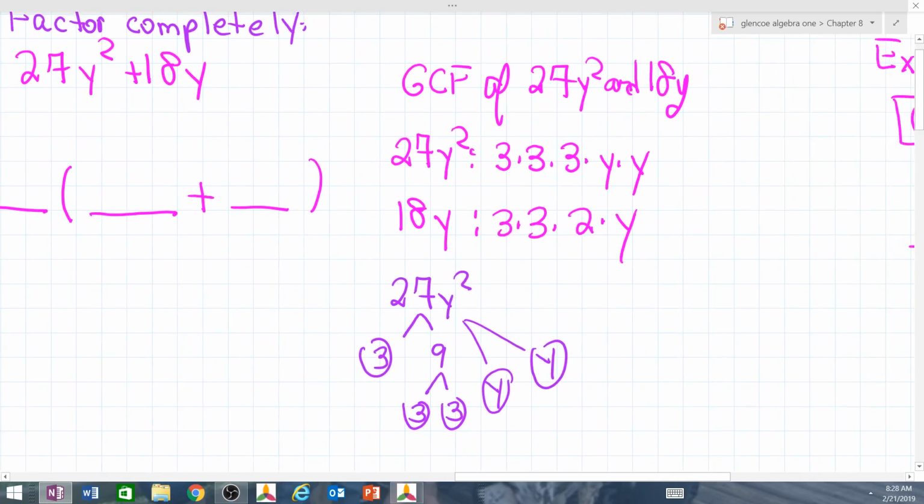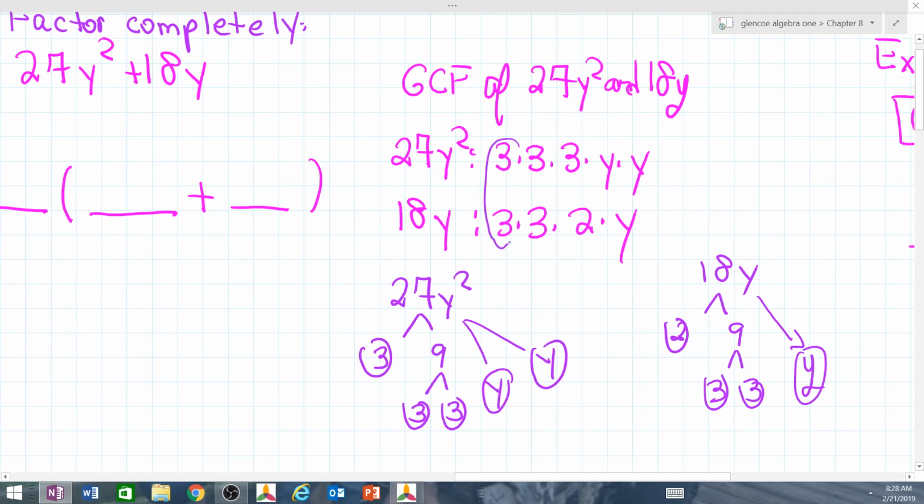The prime factors of 18y would be 2 times 9. 9 breaks down to 3 times 3 times y. And those are all prime numbers or prime factors. Now it's time to look and see what they have in common. They have one 3, another 3, and a y.